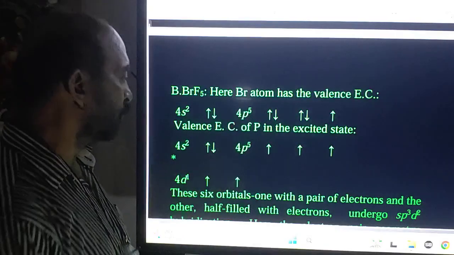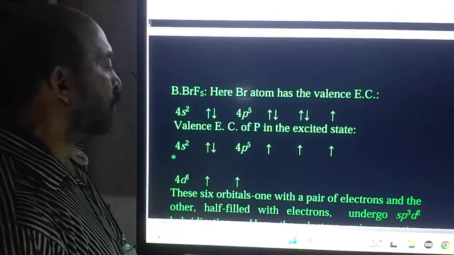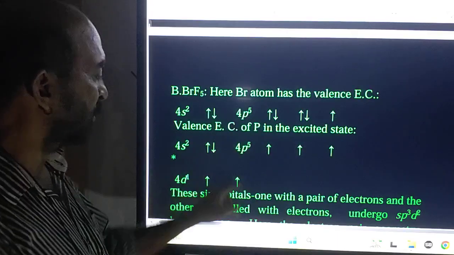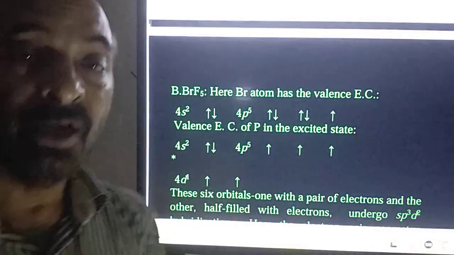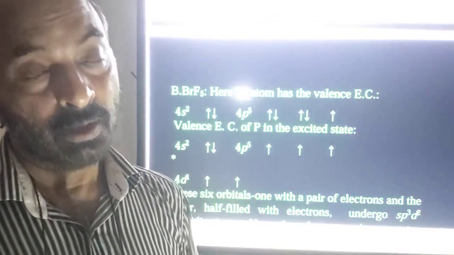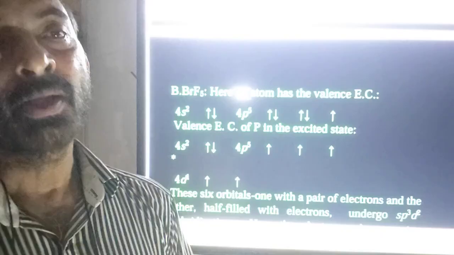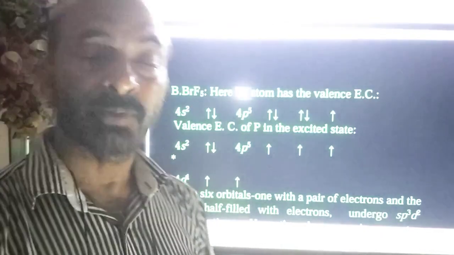Now these 6 orbitals, the 4s, three 4p and two 4d, undergo sp3d2 hybridization.